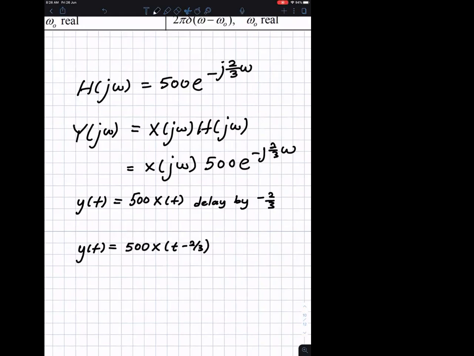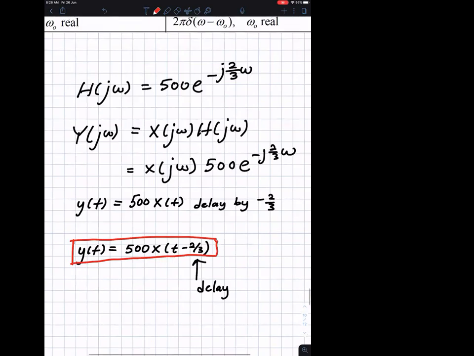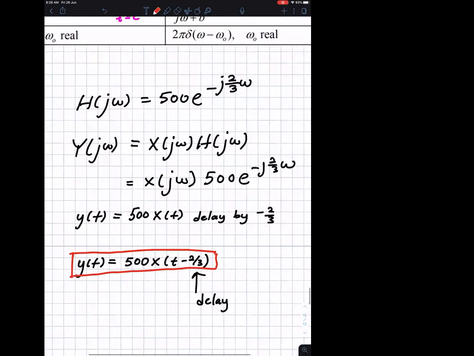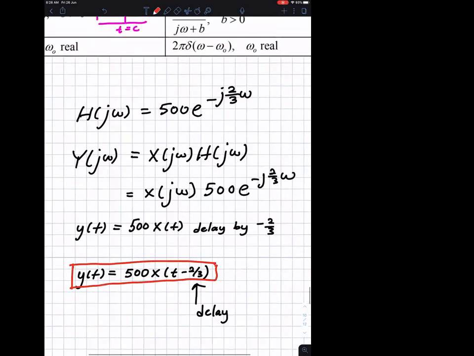So this is the delay. Any question? So all this output is telling that the inputs are shifted by 2/3 seconds.